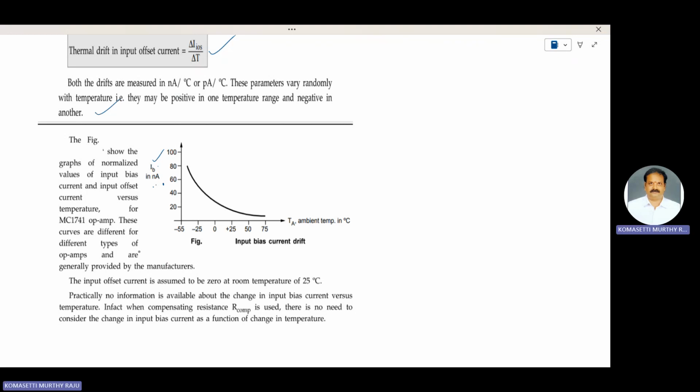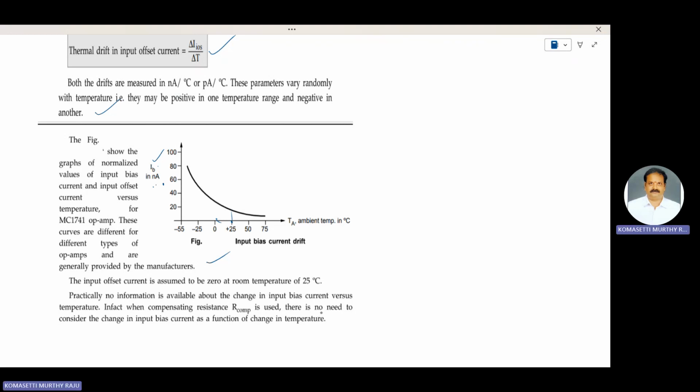These curves are different for different types of op-amps and are generally provided by manufacturers. The input offset current is assumed to be 0 at room temperature, 25 degrees centigrade.